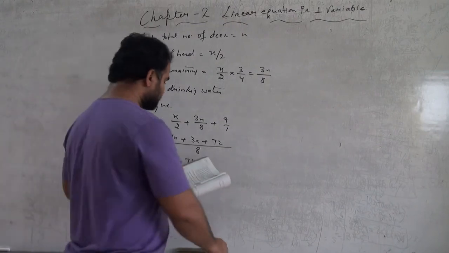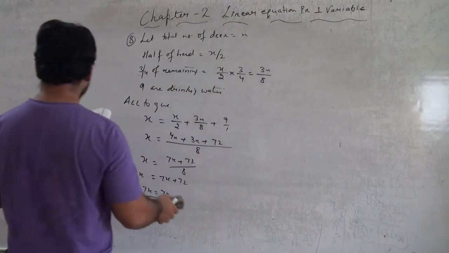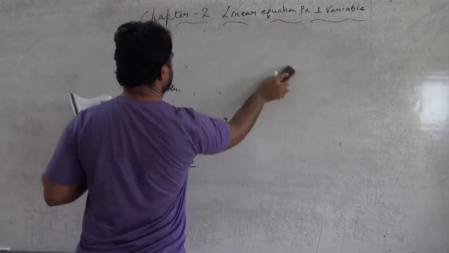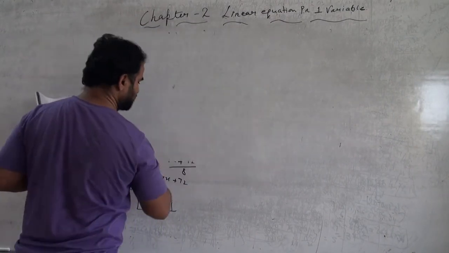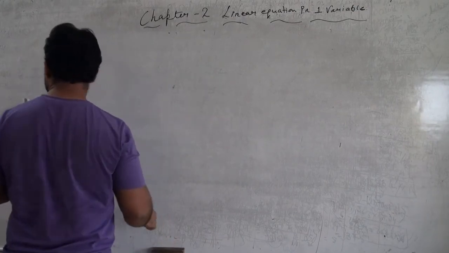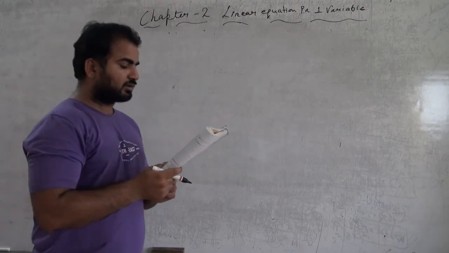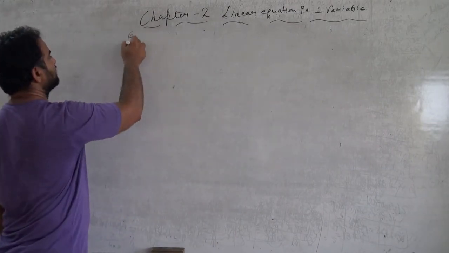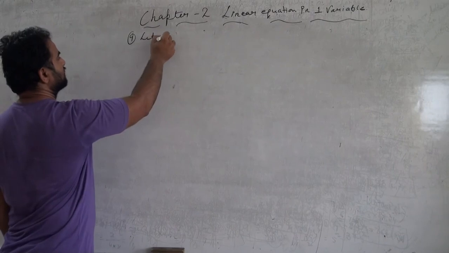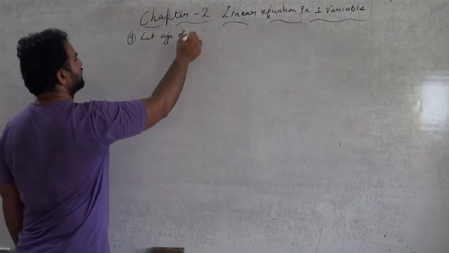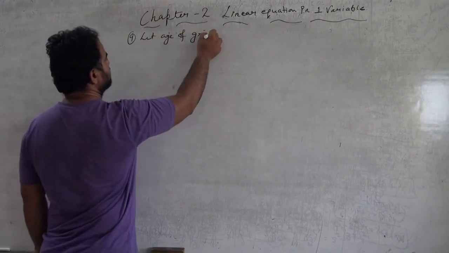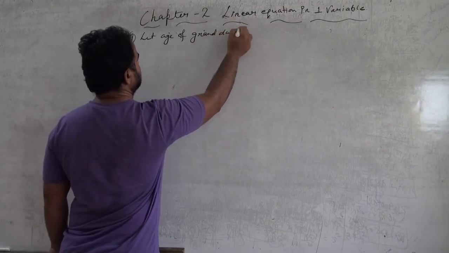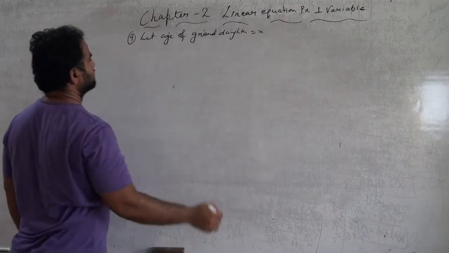So class, question number 9 is, a grandfather is 10 times older than his granddaughter. Okay. So let the age of granddaughter equal x.